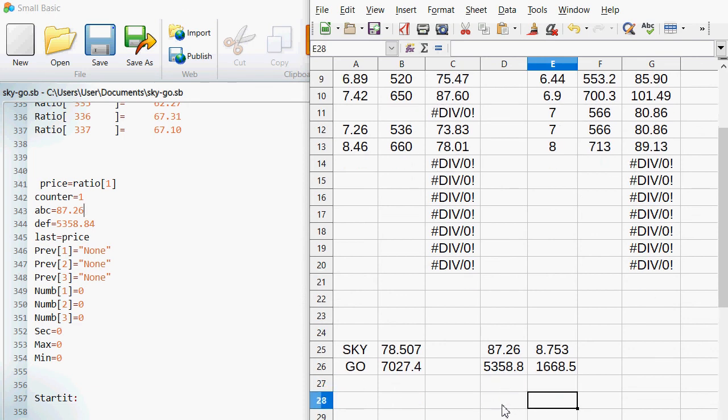So the ratio there, which is your ultimate overall worth on how much you've gained on the market, is at a ratio of 190. The ratio is 67. So with a stock price of 67, you have sold 8.7 of your original 87.